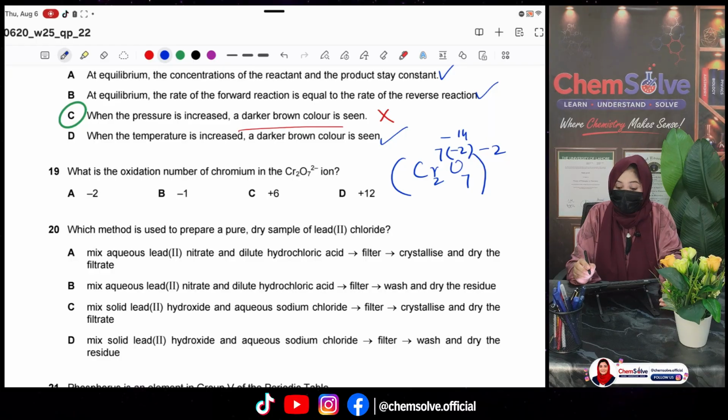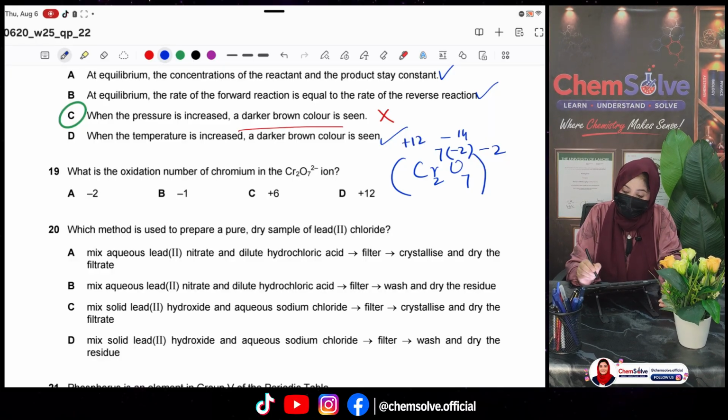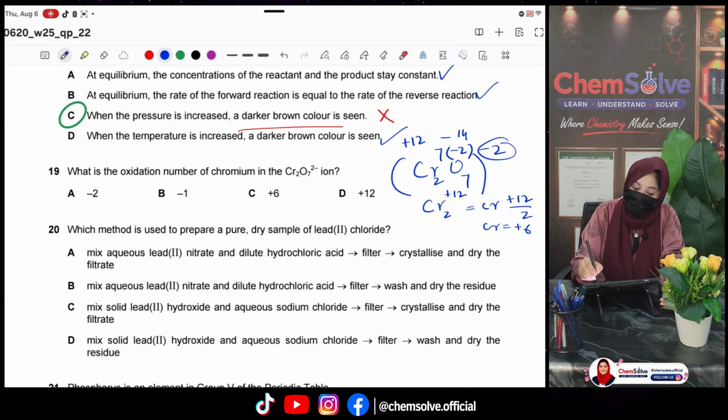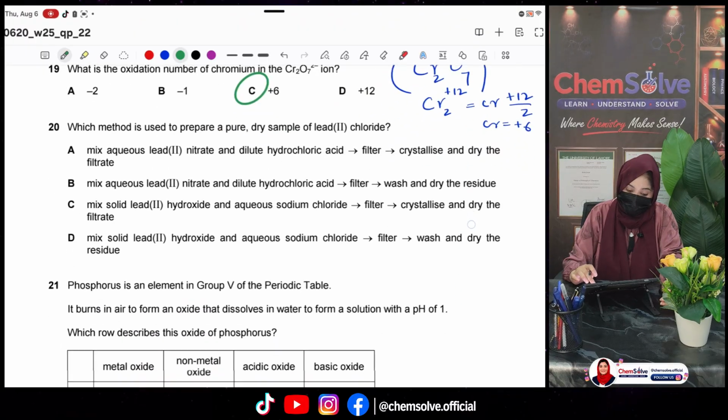We need -2 overall, so it should have +12. So -14 plus 12 makes -2. So Cr2 has +12. But for one chromium, we have to do +12 divided by 2, which makes +6. So clearly the correct option is option C, right?